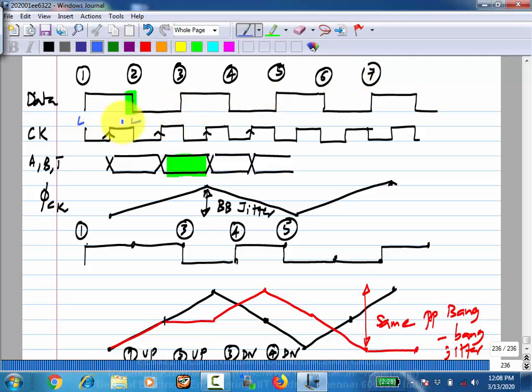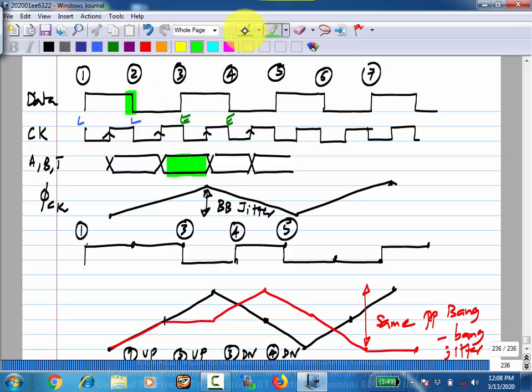Because you get two up signals, this edge has become early, and this edge is also earlier than the data transition. So essentially starting from this point you need 2 up signals to make it early. Now you have got 1 up signal here in the case where I am having random data, right? You got 1 up signal, so this clock edge will still be late and it's not corrected by the time it comes here, right? There is no further correction now.